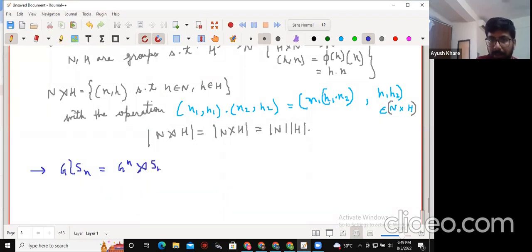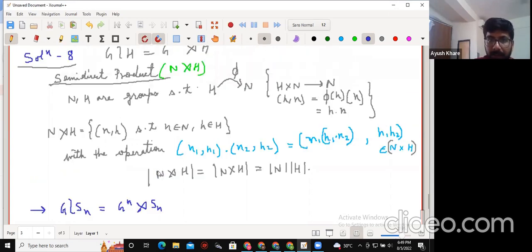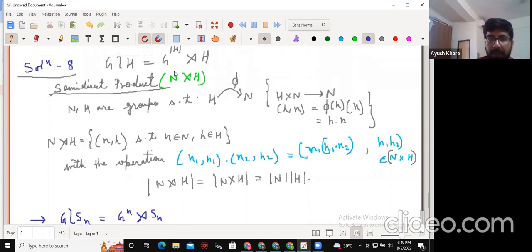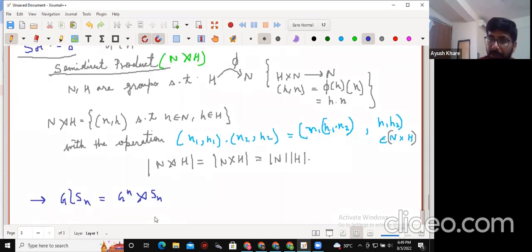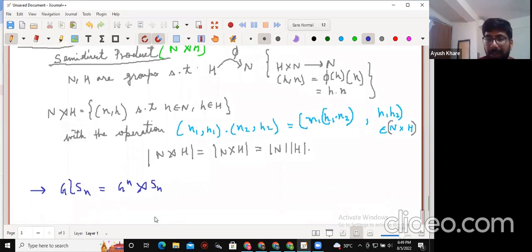In general you don't take n factorial, you just take G^n semi-direct product with Sn. You realize the difference in these two definitions. Here it is the order of h. So as per the usual definition, it should be Z raised to n factorial, because the order of Sn is n factorial. But in case of the wreath product with Sn, due to certain reasons, we take it to be n.